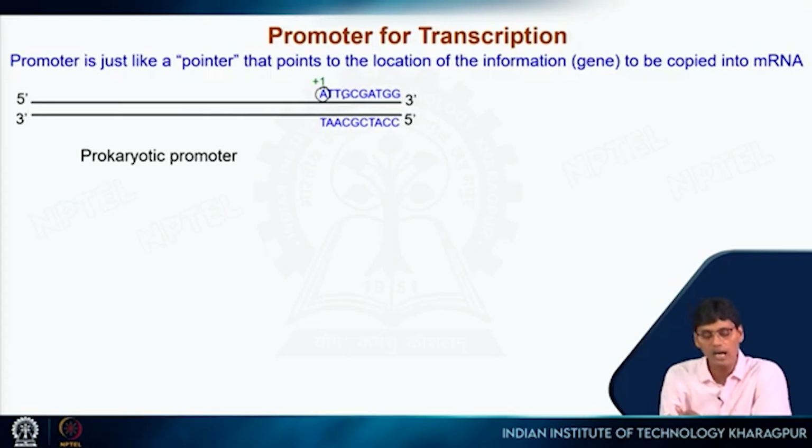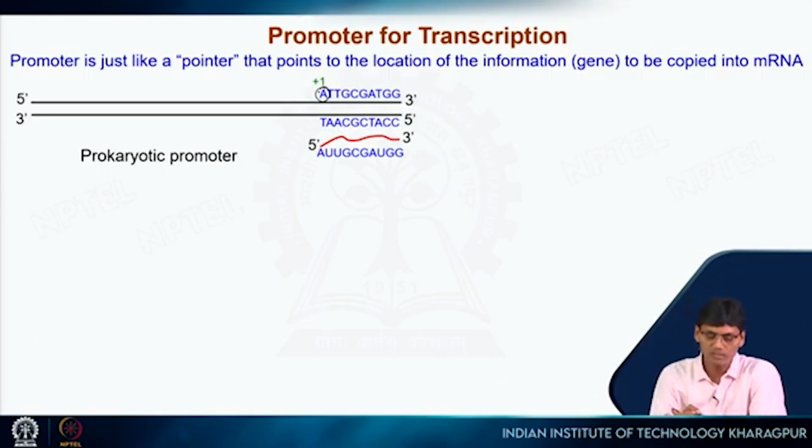And just upstream, in this case on the left side, we will go -1, -2. There should not be a 0, right? So whenever the gene starts, the first nucleotide is +1, and towards the left side, on the upstream, it is -1, -2 position. So now what happened?